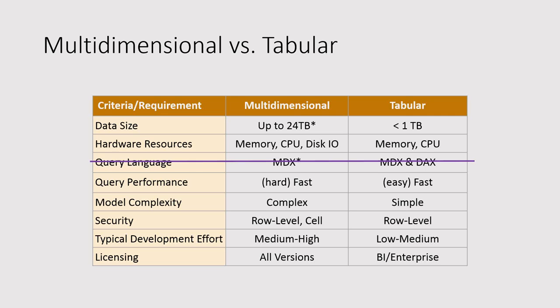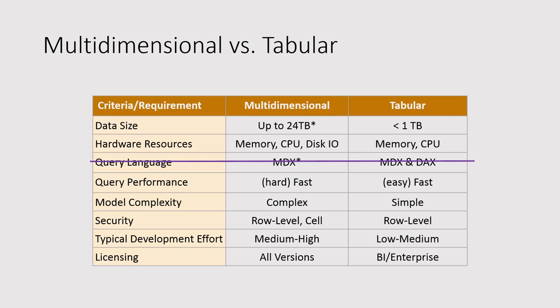Typical development effort: medium-high for multidimensional and low to medium for tabular. This really plays into model complexity, which can take tabular to a medium. If you have many-to-many scenarios, or if you're trying to achieve some complex effect with the DAX query language, your development could be more at the medium level.